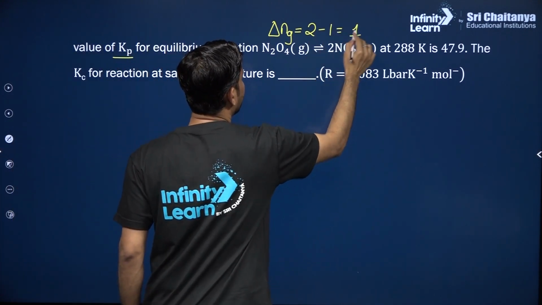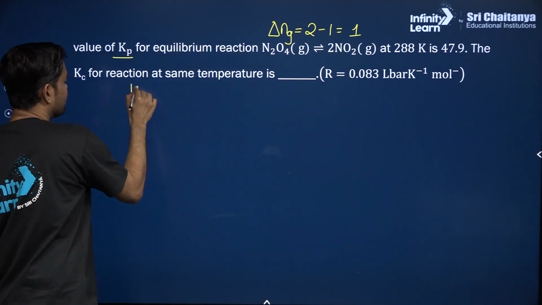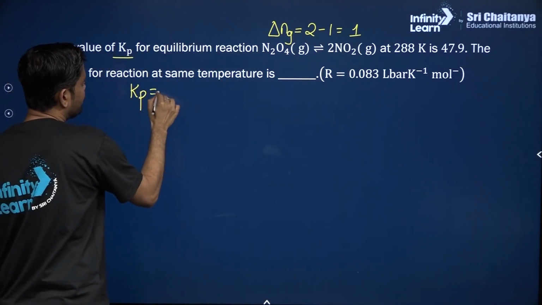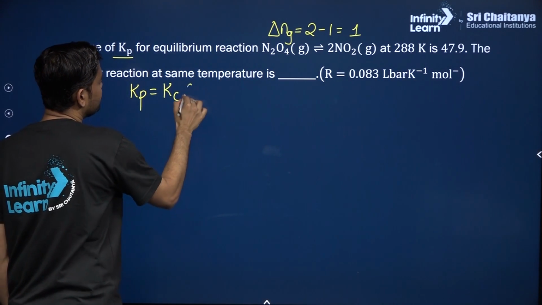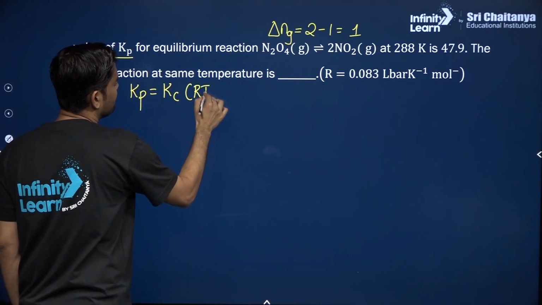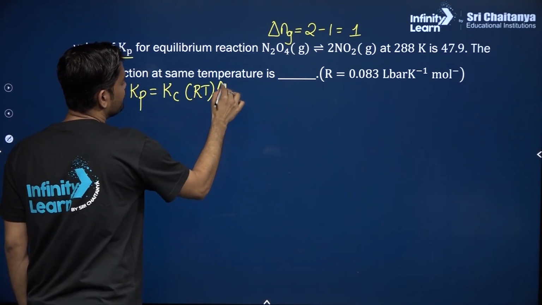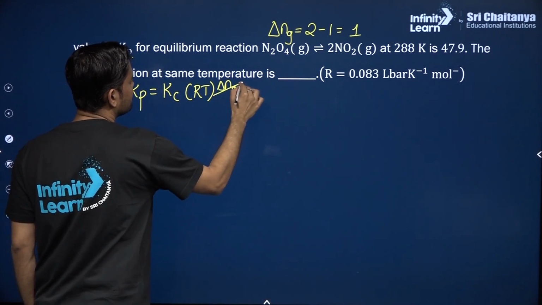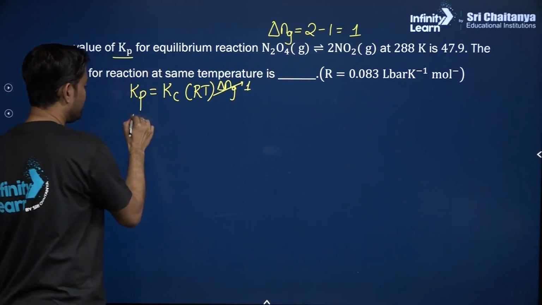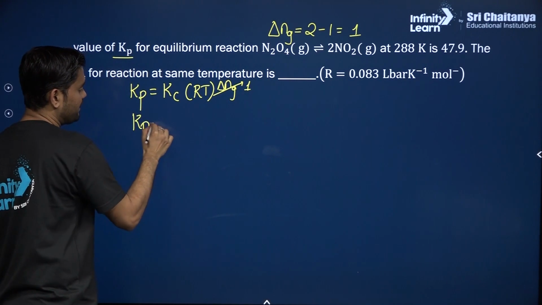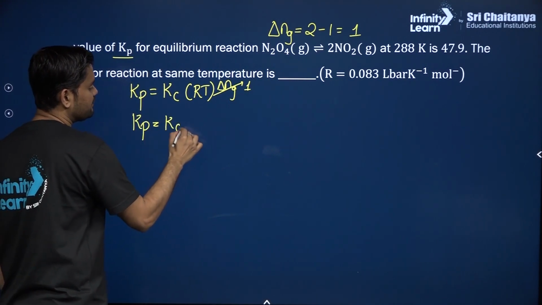That will give you delta Ng is 1. Then Kp equal to Kc RT raised to delta Ng. Now this tends to 1.